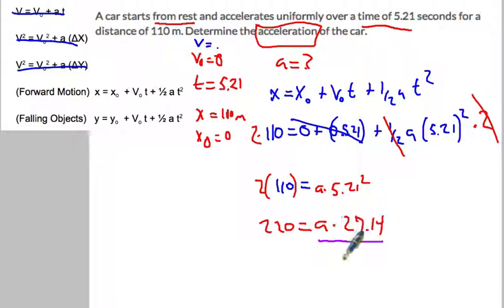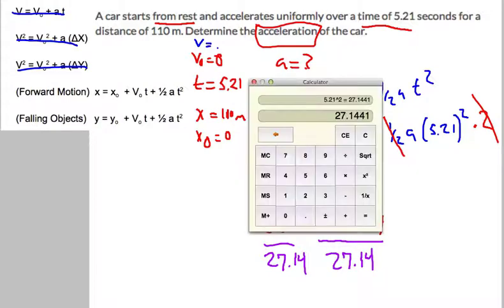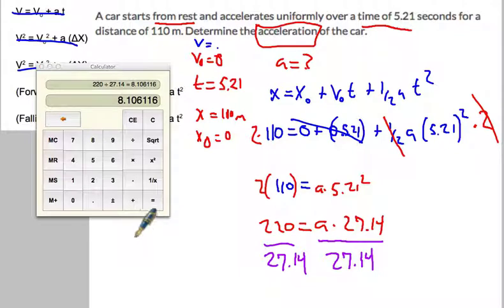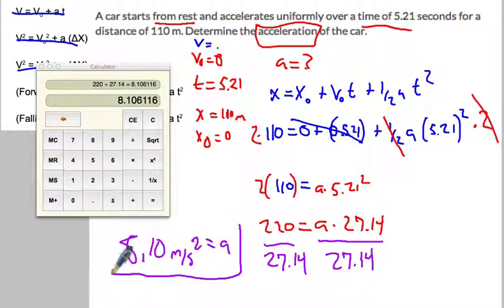So it's times 27.14, so I'm going to do the opposite function, divided by, and I'm going to end up with 220 divided by 27.14 equals 8.10 meters per second squared equals acceleration. Nice. Do a couple more.